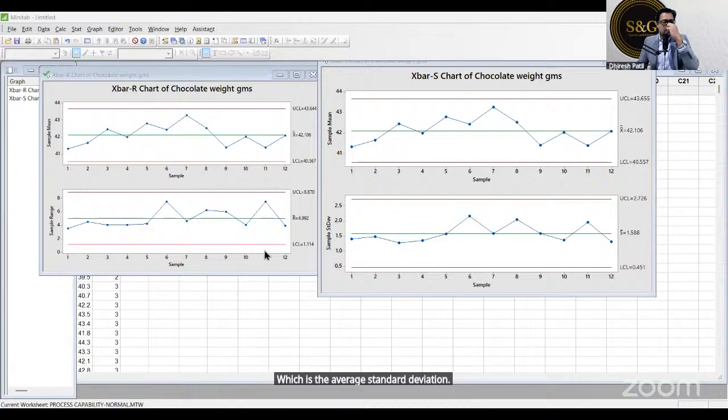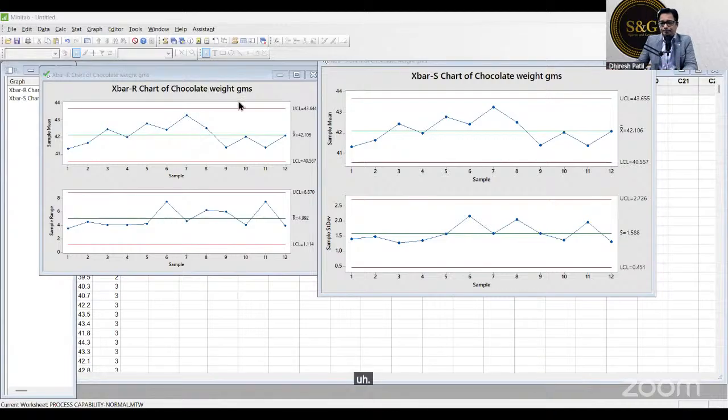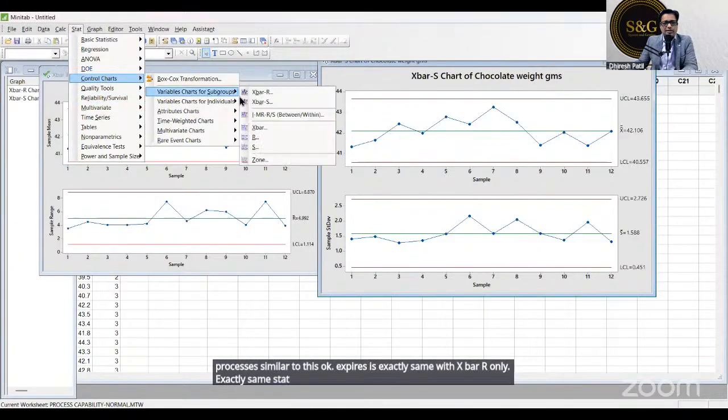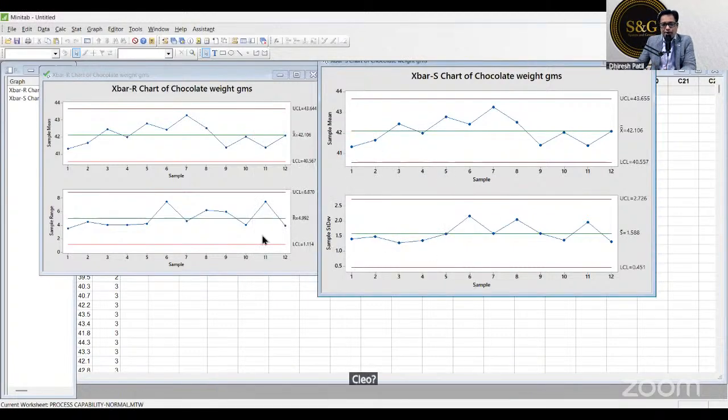Clear? The process is similar. X bar S is exactly the same as X bar R. Stat, Control Chart, Subgroup: X bar S is below X bar R, the same. Chocolate weight and sample, that's it. Just below X bar R is X bar S. Instead of range, you have got standard deviation.